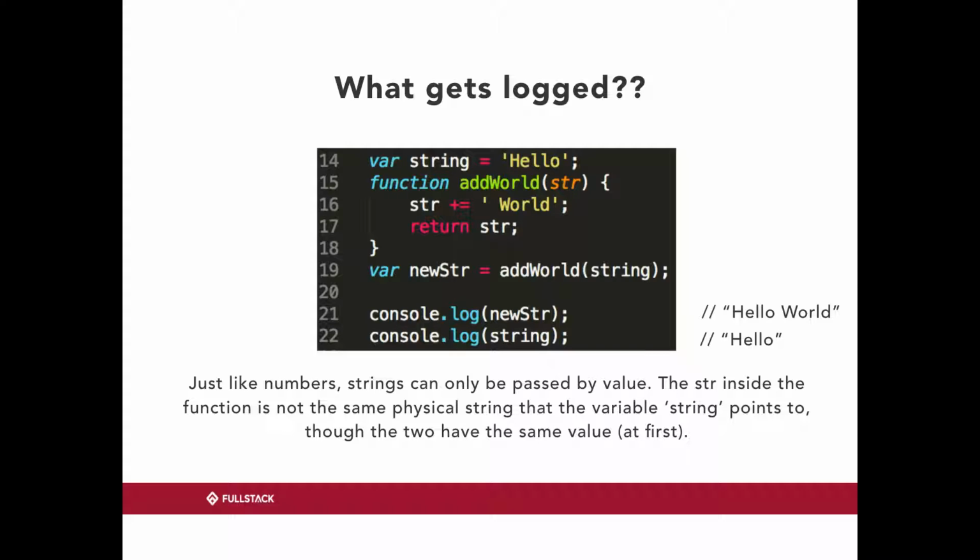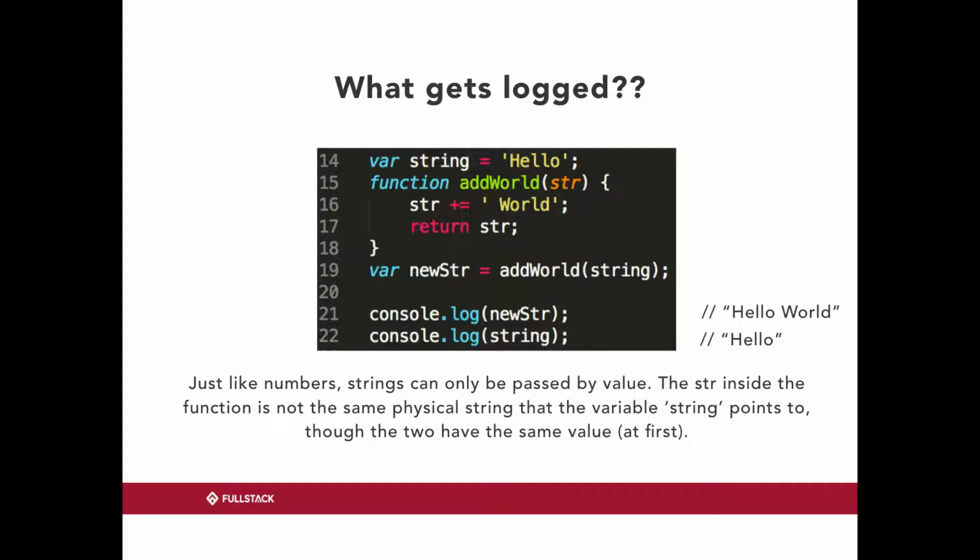Line 19 now. I create a variable called newString. I call a function addWorldString, and now this pot becomes addWorld. What is going into this pot? A copy of hello?